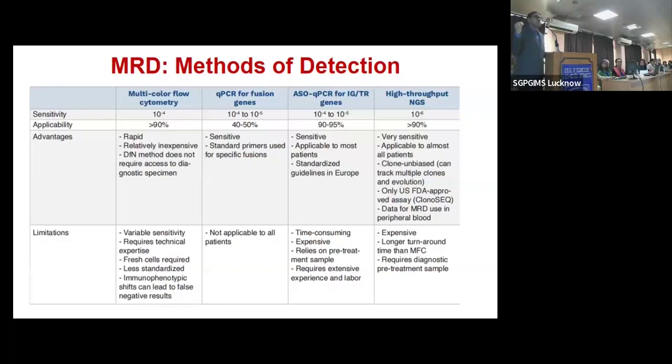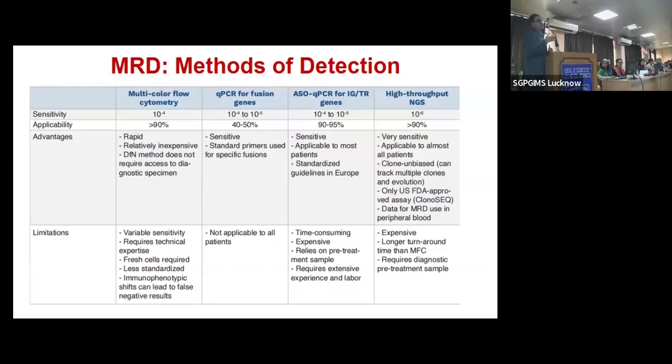And one of the most important limitations, which I always raise in different forums, is this: suppose we are detecting an MRD of 0.0001, should I, as a clinician, be changing the treatment based on that? It unnecessarily brings out fear in the patient's family that my child is still not free of cancer.